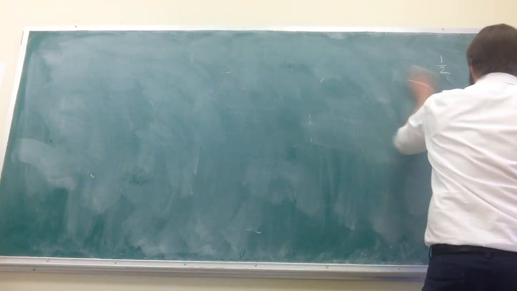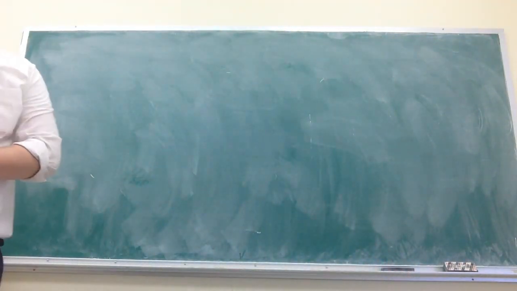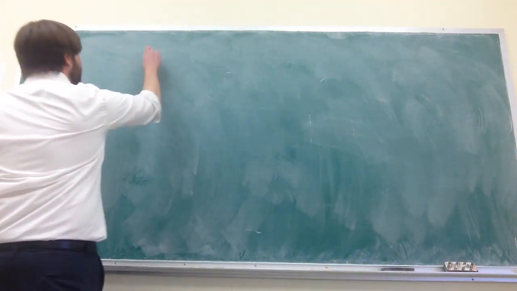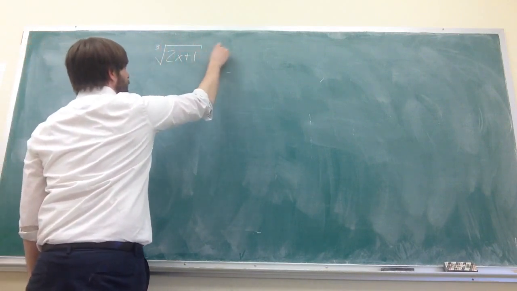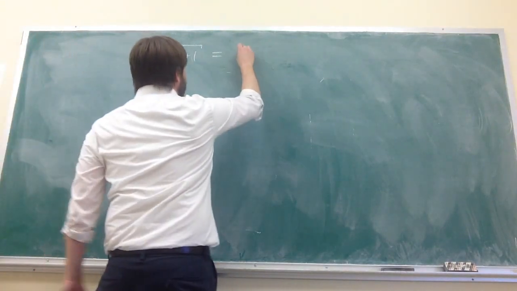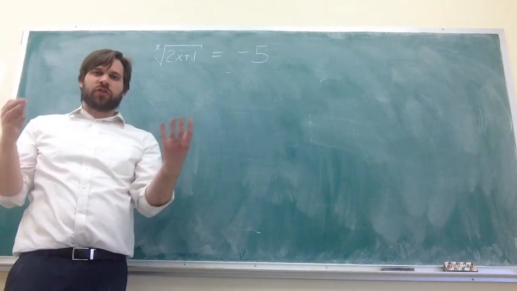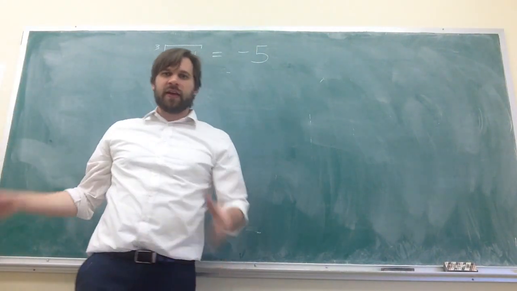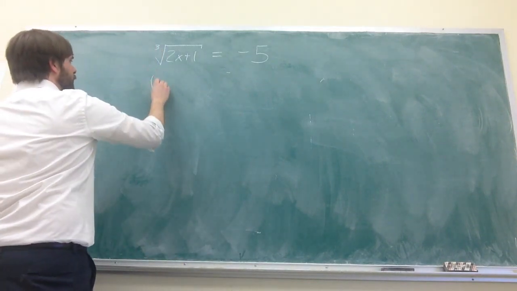Along the same lines, we could look at a function where we have a cube root instead. Let's say we've got the cube root of 2x plus 1 is equal to -5. How would we solve this? Just like before, when we had a square root, we squared both sides. Here we have a cube root, so we're going to cube both sides.